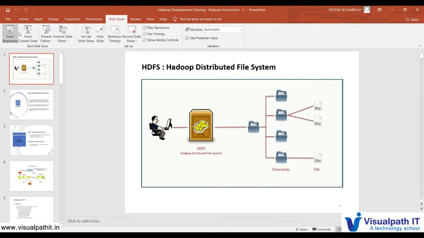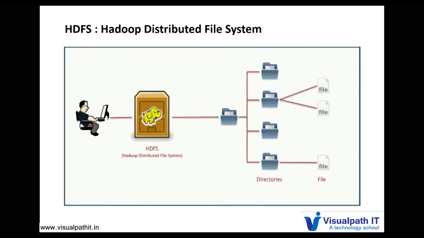HDFS is the Hadoop Distributed File System. So how is the file system stored in Hadoop? Hadoop has two components: one is HDFS and another one is MapReduce. HDFS is the storage layer, and MapReduce is the processing layer.